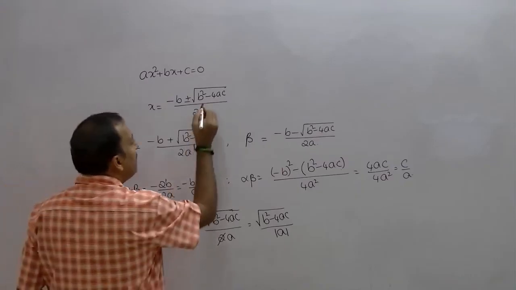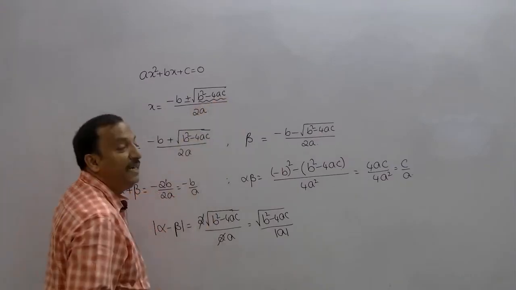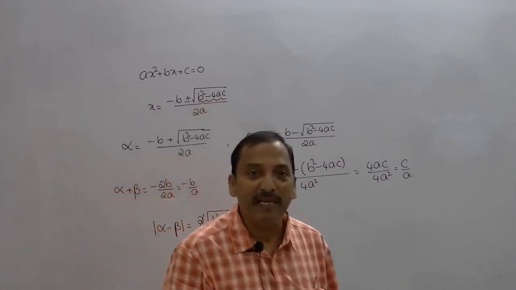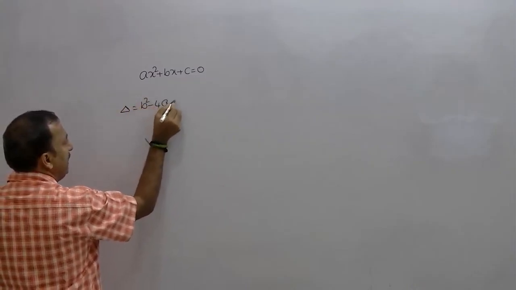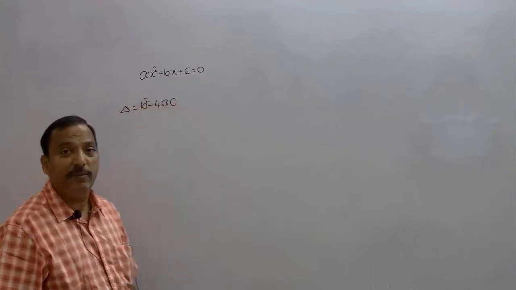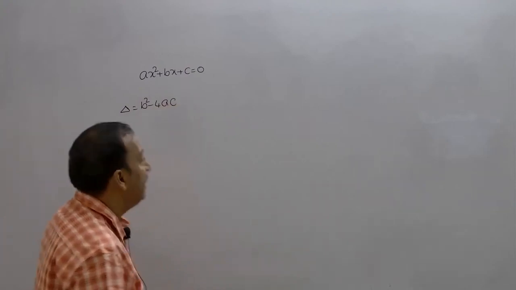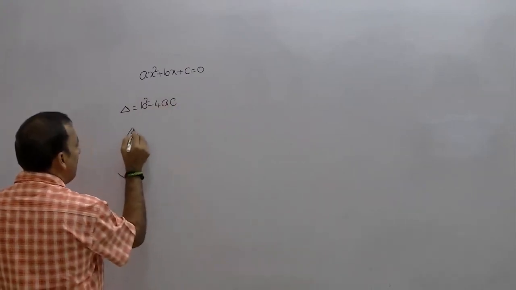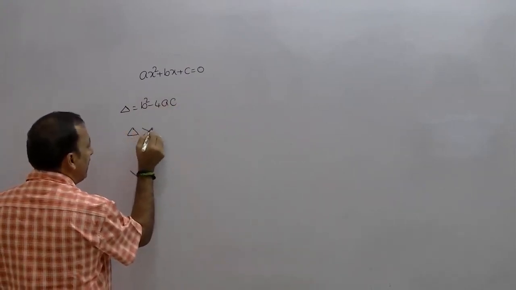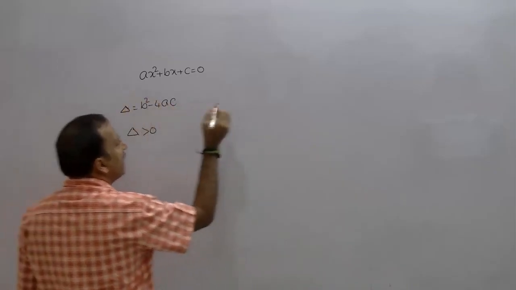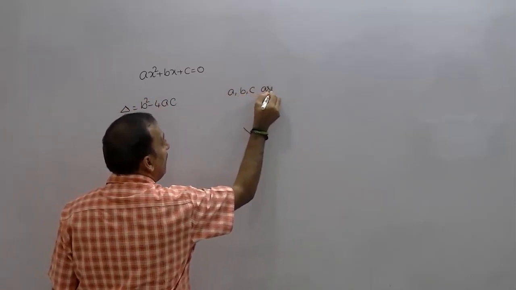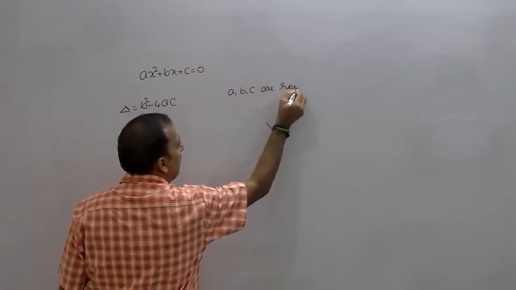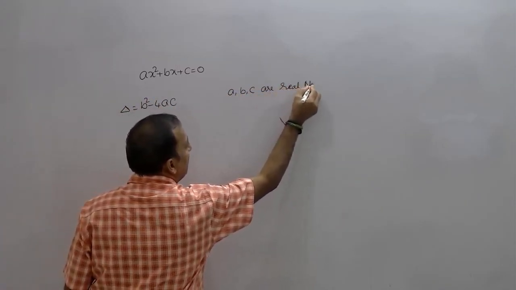This b square minus 4ac is called the discriminant of the quadratic equation. Delta is equal to b square minus 4ac is called the discriminant of the quadratic equation. Suppose delta is positive, greater than 0. Here we are considering that a, b, c are real numbers.